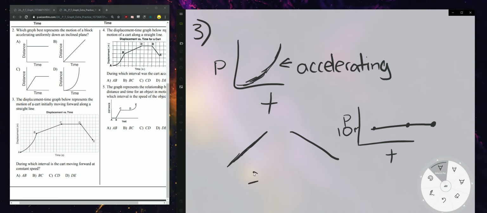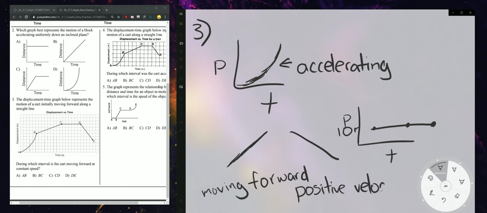The question is saying moving forward. That must mean you have a positive velocity. If you have a positive velocity, then your slope must also be positive.